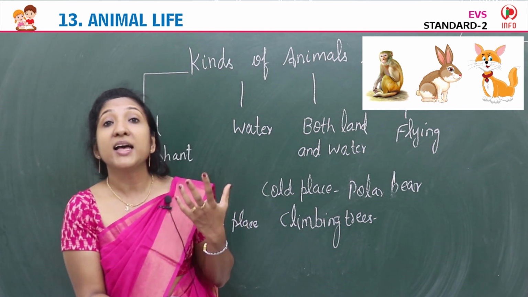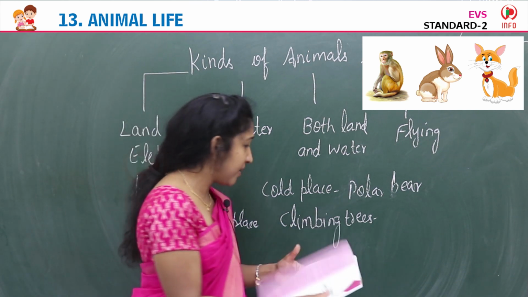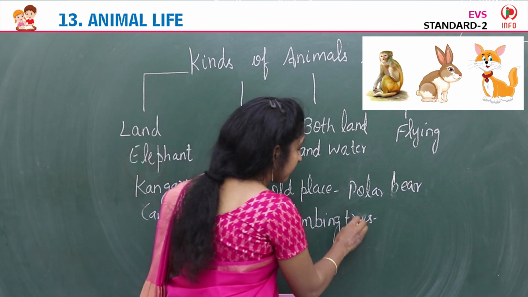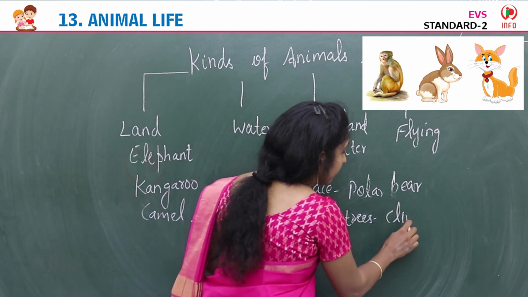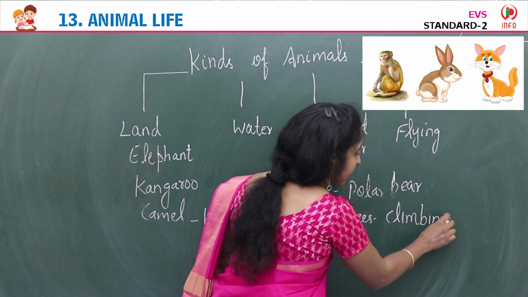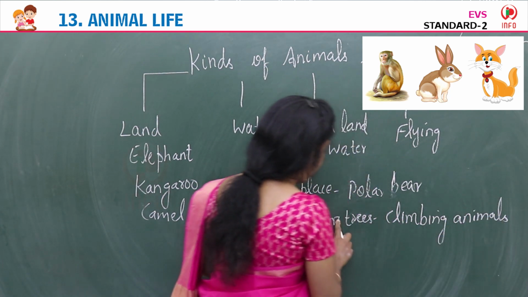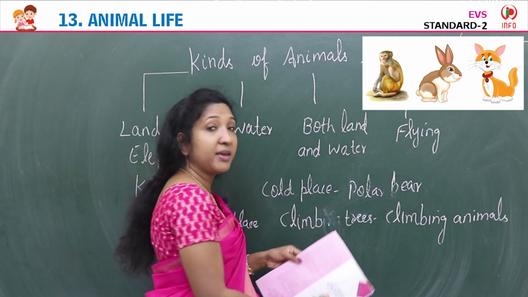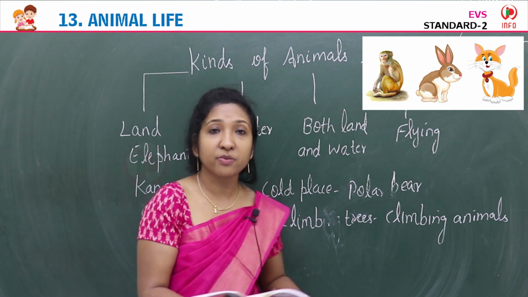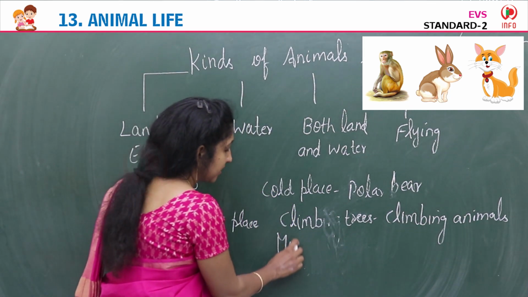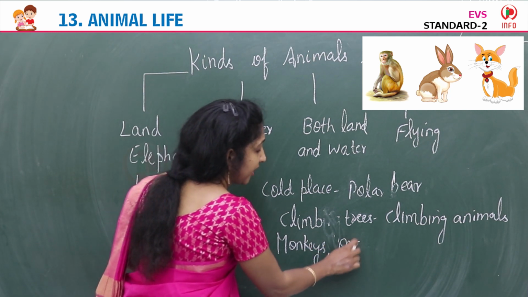So they are called climbing animals. For climbing trees there are some animals. They are called climbing animals. They climb trees. Which are they? Monkeys. Monkeys will climb the tree. Orangutan, isn't it?